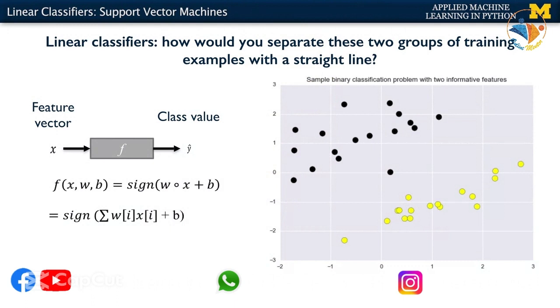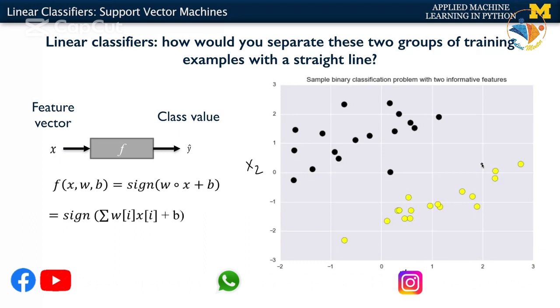So let's take a look at a simple linear classification problem, a binary problem that has two different classes and where each data instance is represented by two informative features. We're going to call these features x1 on the x-axis and x2 on the y-axis. Now, how do we get from taking a data instance that's just described by a particular combination of x1, x2 to a class prediction?